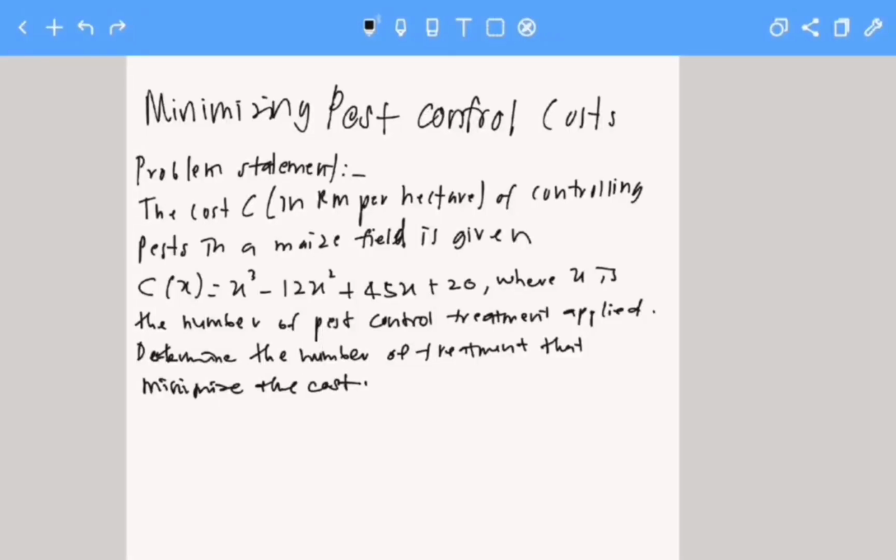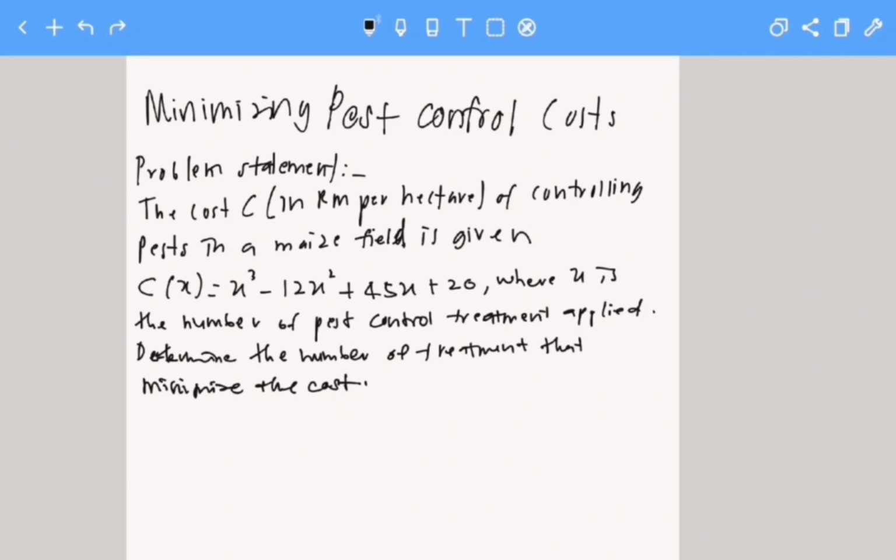So the problem is minimizing pest control costs. The problem statement: the cost C in ringgit Malaysia per hectare of controlling pests in a maize field is given by C(x) equals x cubed minus 12x squared plus 45x plus 20, where x is the number of pest control treatments applied.